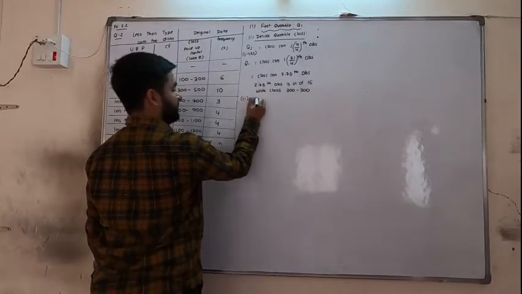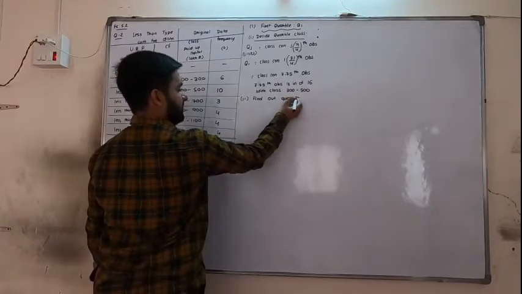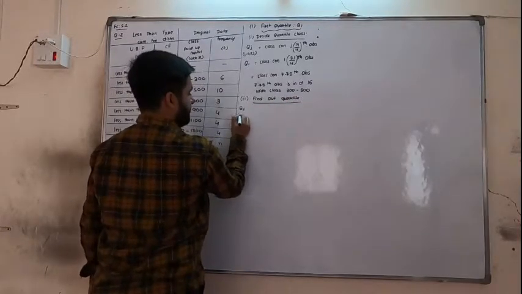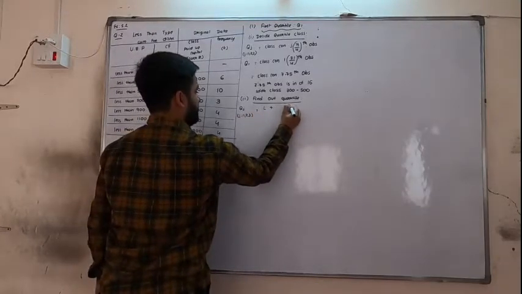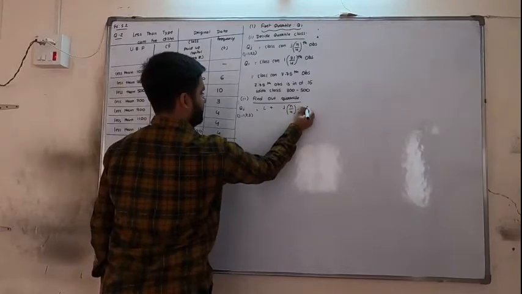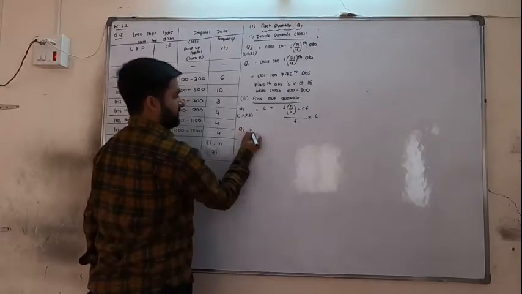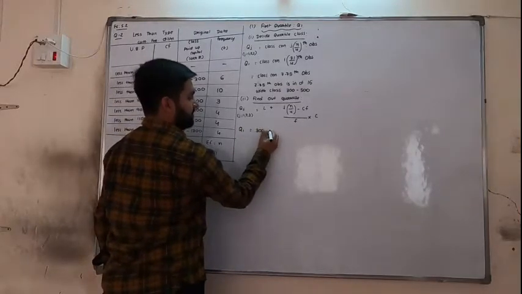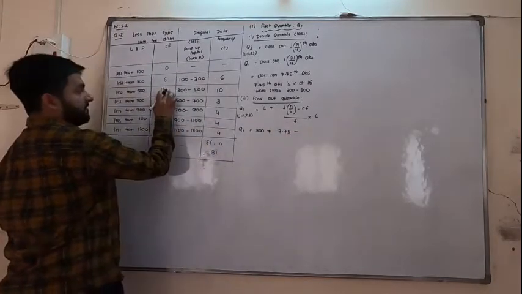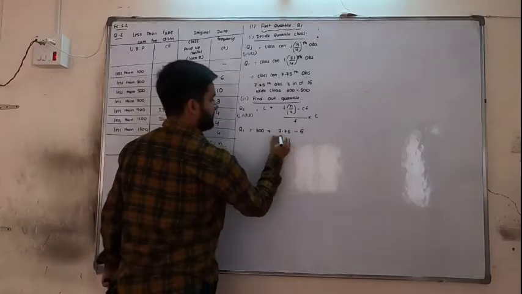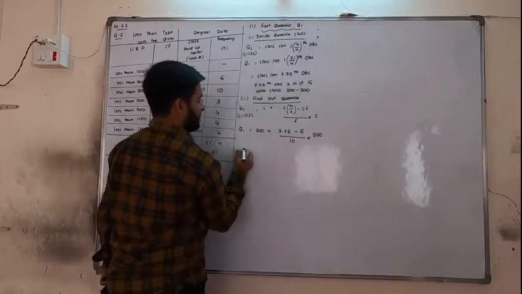Second step, find out the quartile Qj, where j is 1, 2, 3: L plus (j n by 4 minus Cf) upon F into C. We need Q1, where L is 300, plus j n by 4 is 7.75, the cumulative frequency of the previous class is 6, the frequency of that class is 10, and the class length is 200.